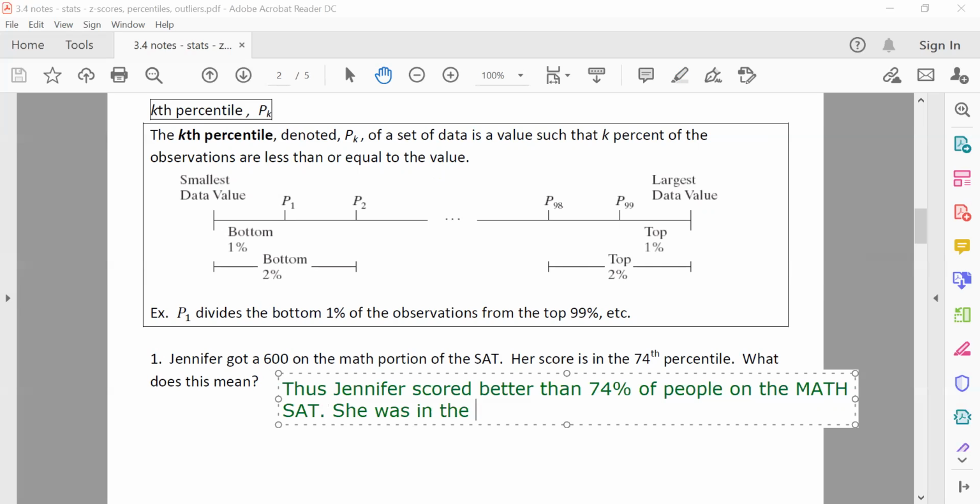She was in the top 26%. That's what that means. She was in the top 26% of test takers. That's not bad. Good work, Jennifer.